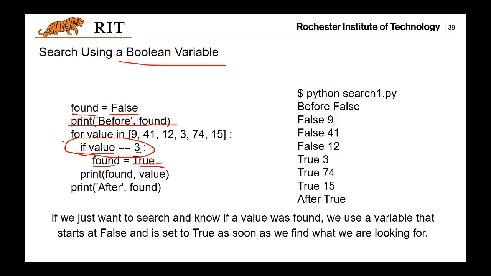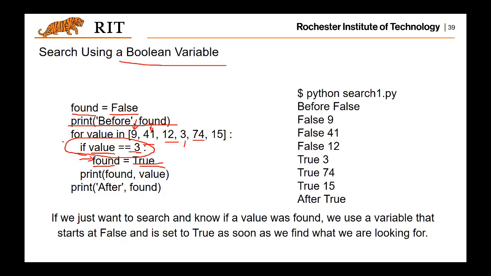So as you can see here, when we run the code, starting from the first element, which is 9, and 9 is not equivalent to 3, so found is unchanged. Then we go to the next step, value is 41, still not equivalent to 3, so this will not be executed. 12, no. 3, okay, finally found is set to be true.